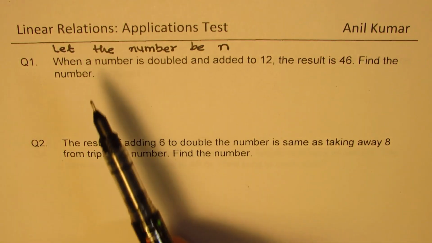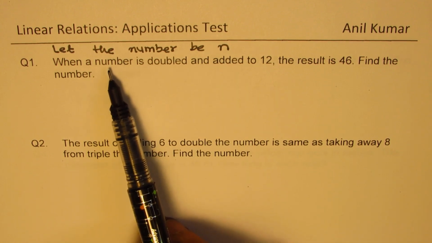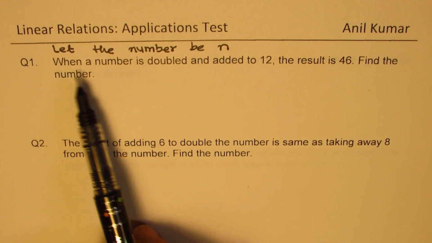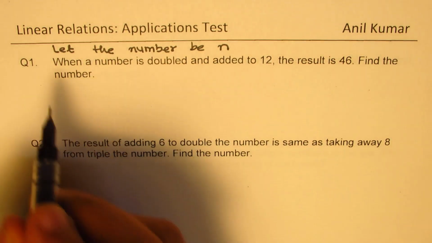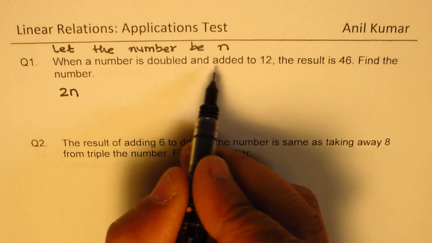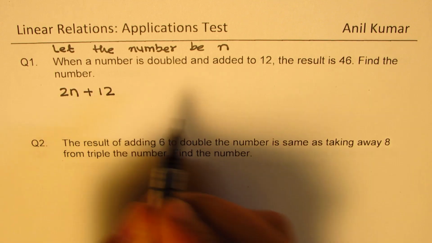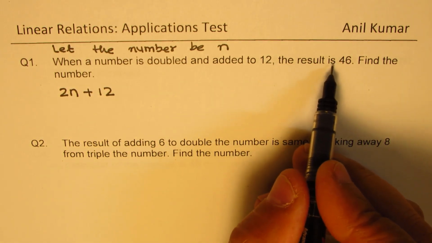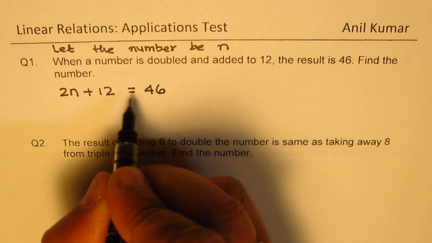Whenever there is a number, we'll just take n as a variable to denote the number. When a number is doubled and added to 12, number is doubled means 2n, and added to 12 means plus 12, the result is means equal to 46. So we get an equation in this form.